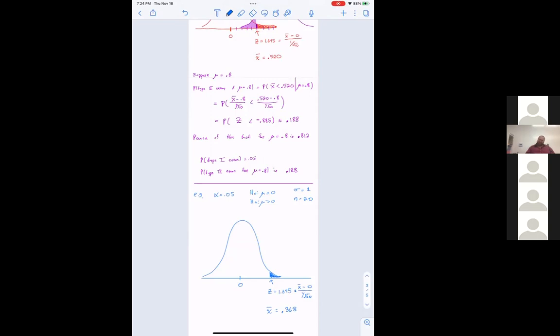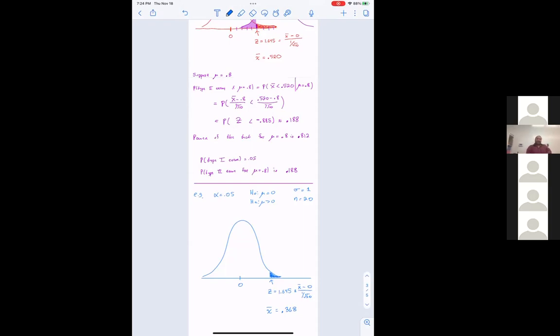Now, first of all, does that make sense, by the way, that the X bar should be smaller now than it was for the last example? That my rejection point, the critical point, is actually closer to 0 as opposed to further away? Yes. It better make sense because that's what the math gave us. But can you explain why it makes sense?